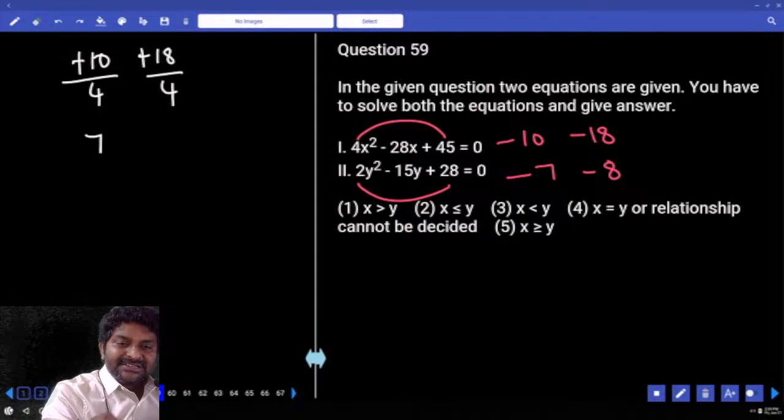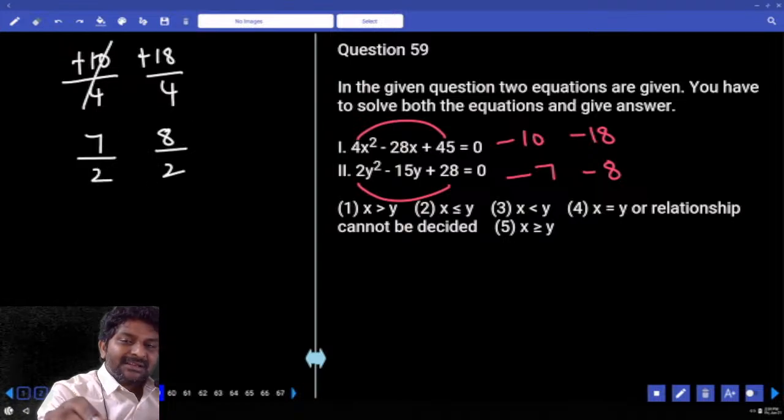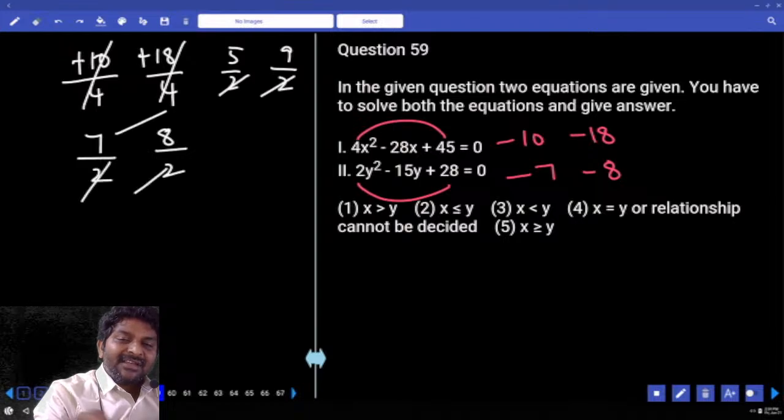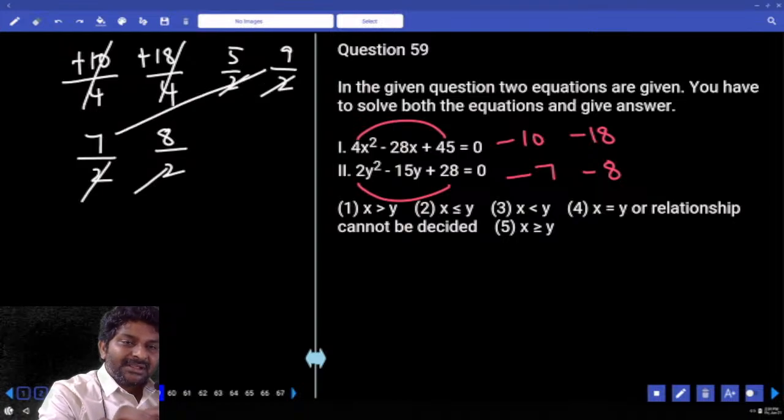Now 7 comma 8 divided by, let's make every denominator same. Write this number as 5 by 2 and this number as 9 by 2. All the denominators are same now. 7 lies in between 5 and 9. Then answer: relation cannot be established.